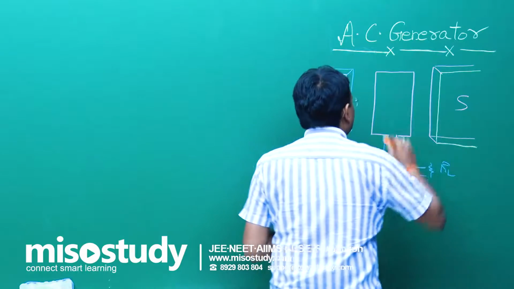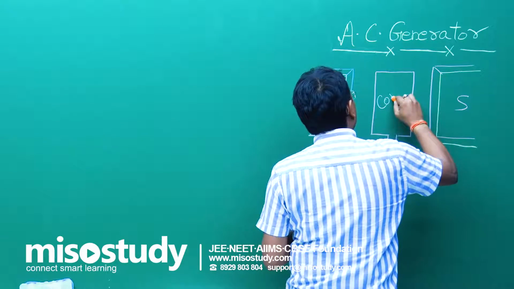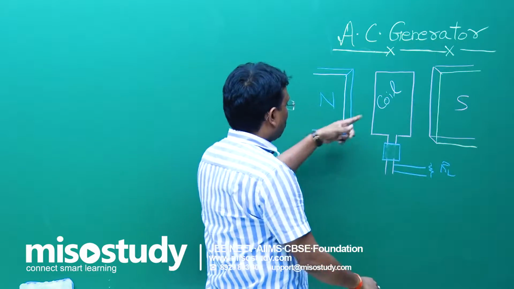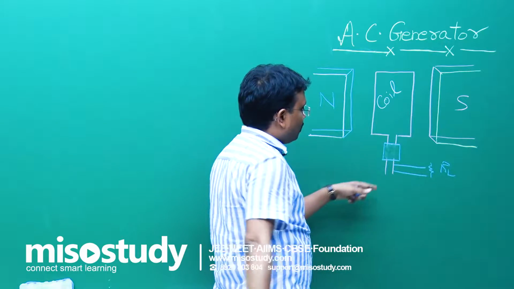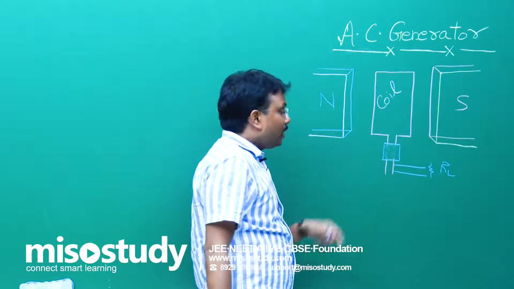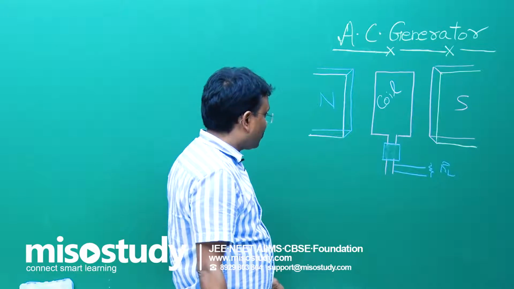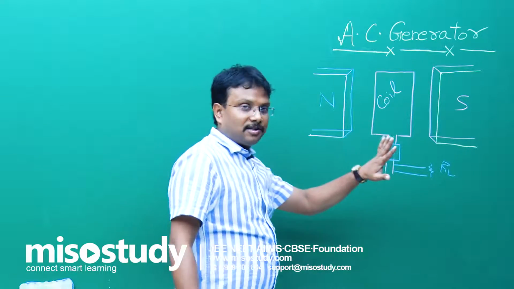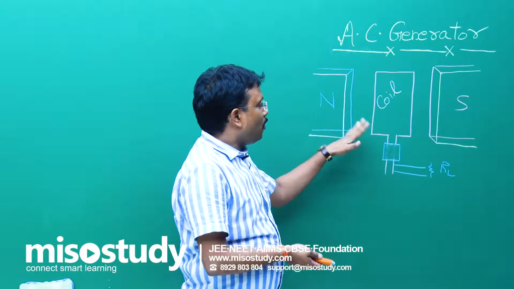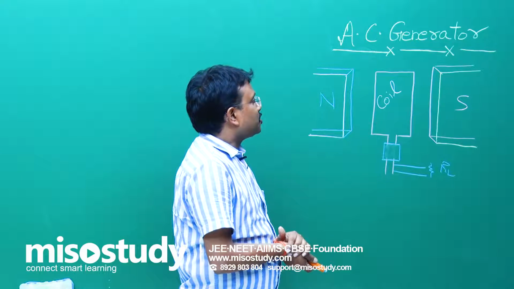So, this is the coil, the north and south pole, and then there are various components present over here. Now, what exactly is taking place? Imagine the situation. I hope now this idea is very much clear in your mind.